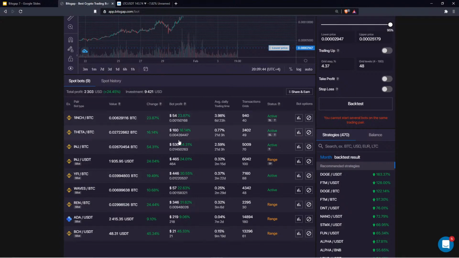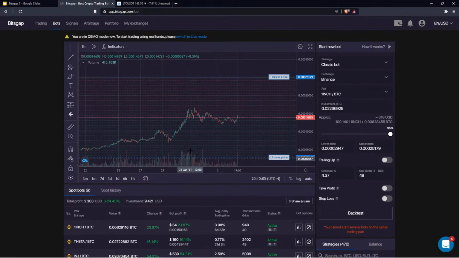All right, so the bot profit is going to be always in the green zone because it is indifferent towards the market trend. So when the price is in the uptrend, on the sideways, or even if the price is falling, the bot is always able to buy low and sell high.